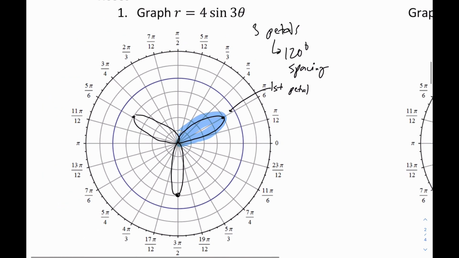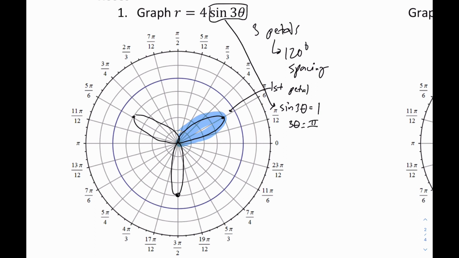In order to calculate it, you basically just got to figure out when the sine function is at its largest. So you grab the sine function and think about what is the largest it could be, which is 1. Now it's like a regular equation. We'll say 3 theta is equal to, sine is largest at 90 degrees, or pi over 2. So pi over 6 must be your first petal.